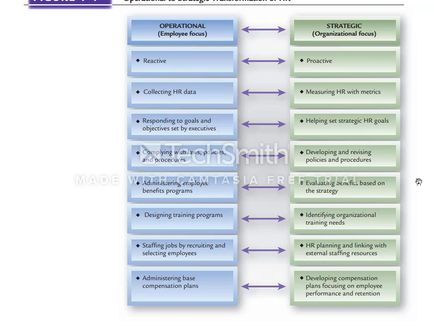Then operational role means collecting data, strategic means measuring the data with metrics. Operational role is responding, strategic is setting the goals. So this is how the two roles are different from one another.